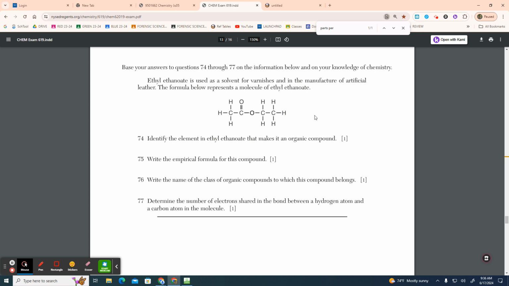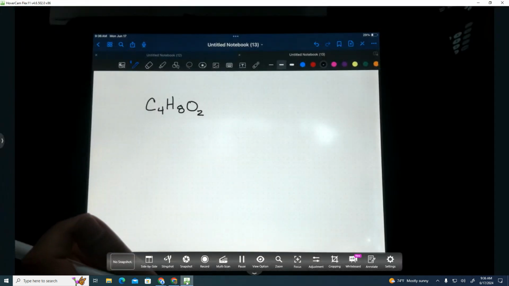So, how many carbons are in here? 4. How many hydrogens? 8. How many oxygens? Uh-oh, I lost my page. Oxygen? Yeah, 2. This is the molecular formula.